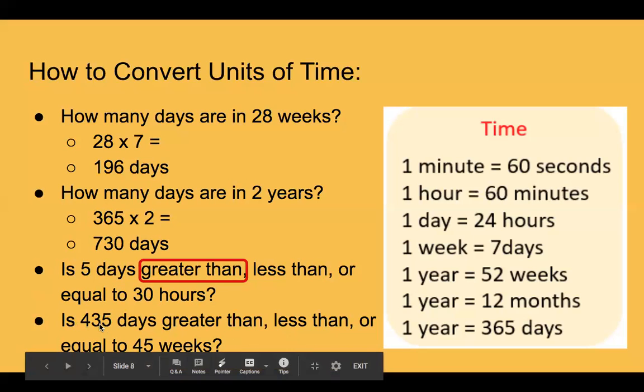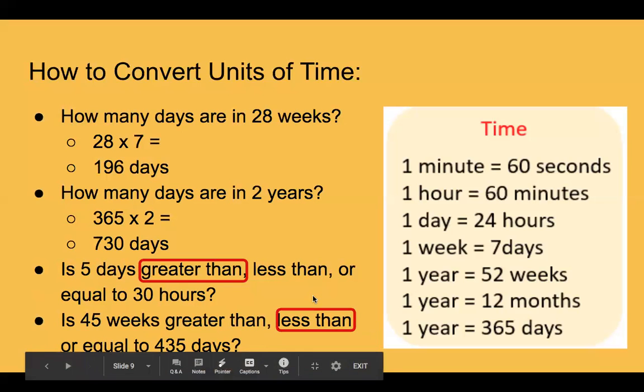So is 435 days greater than, less than, or equal to 315 days? Because remember, that's what this is equal to. And you should realize, yes, that 435 is a bigger number than 315. So we would say 435 days is greater than 45 weeks, or 315 days.